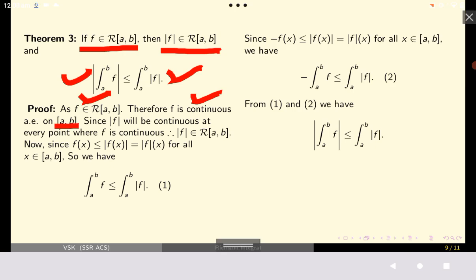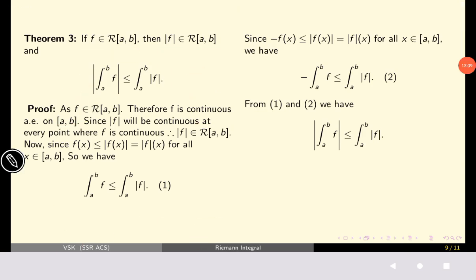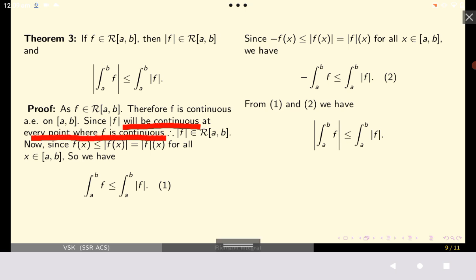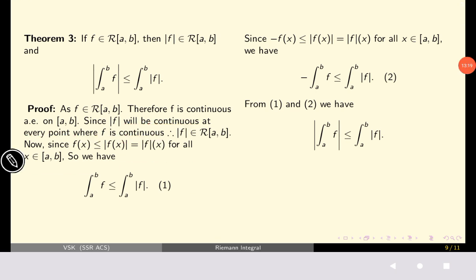Since modulus of f is also continuous at every point where f is continuous, therefore modulus f is also continuous almost everywhere on AB, and because of this modulus f is Riemann integrable.